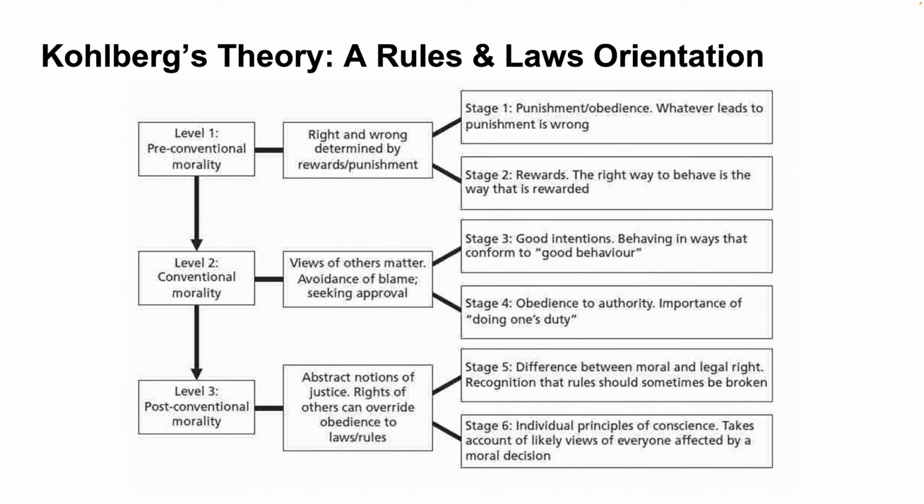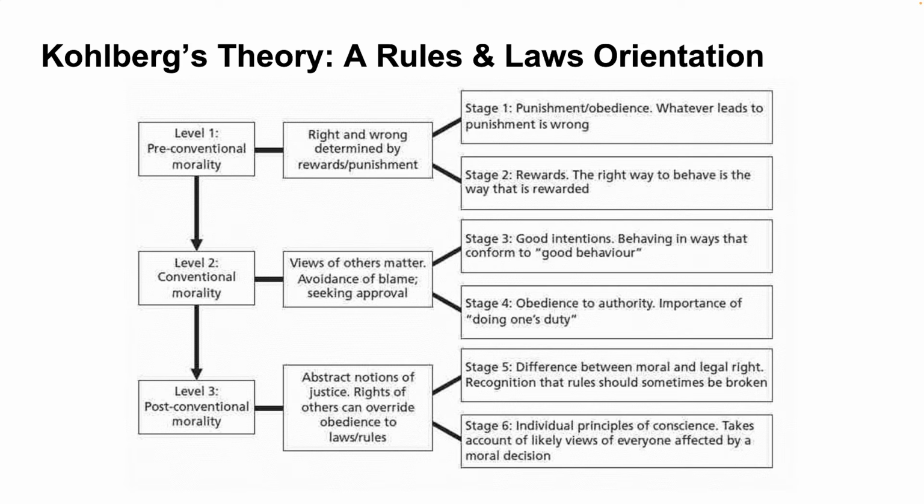Level 2 is conventional morality. That does take into consideration other people's views, but they matter mostly so that you're not being blamed and so that you get approval from people. So by stage 3, you behave in ways that conform to a general idea of good behavior.